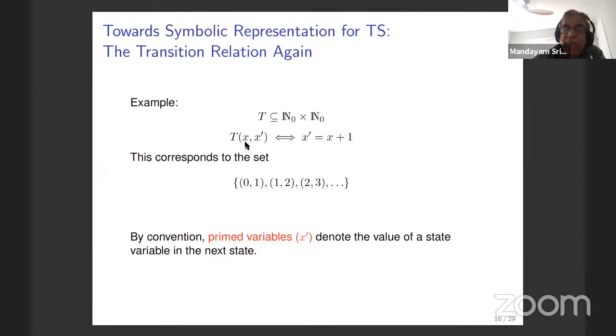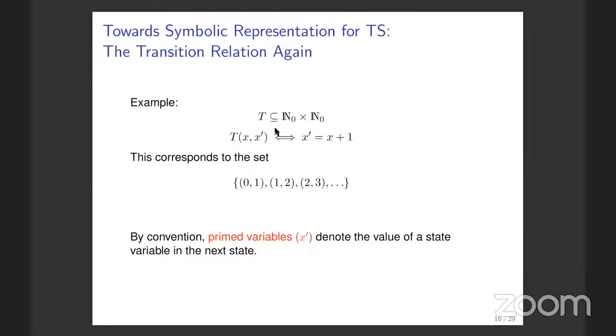So you will have the variable denoting the state, the pre-state before you executed the assignment, and x prime equals x plus 1.